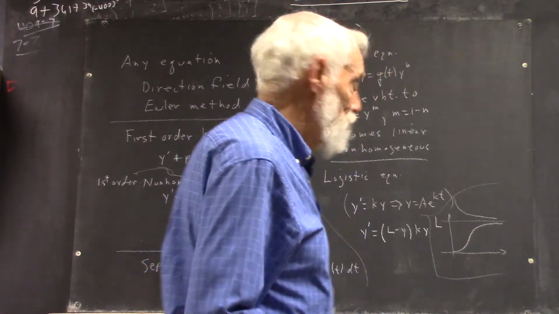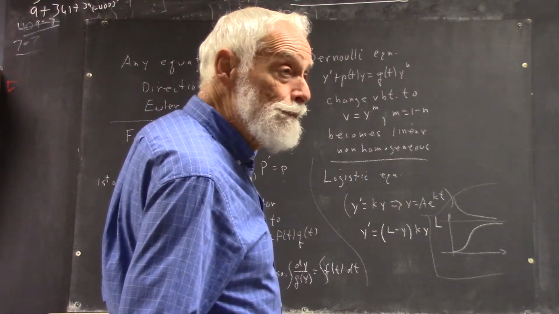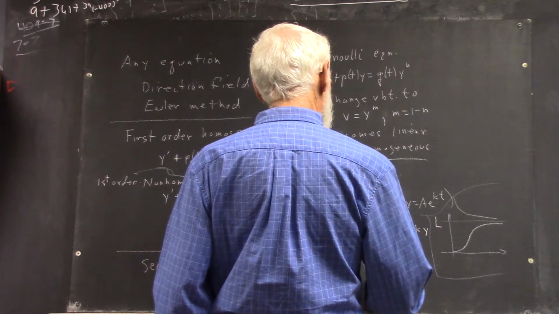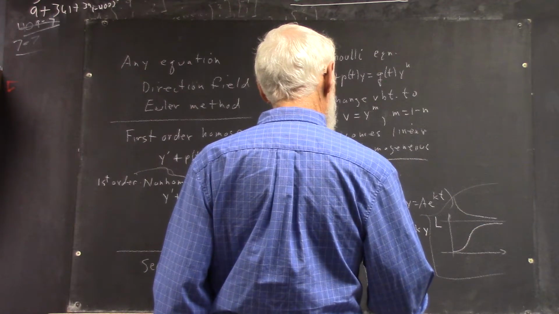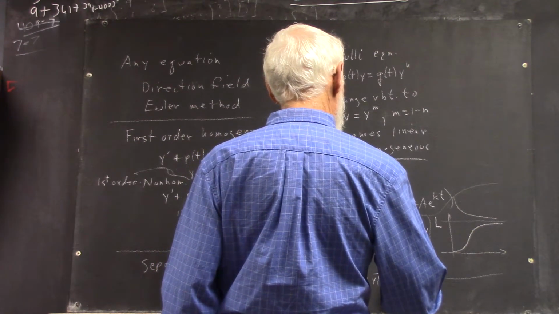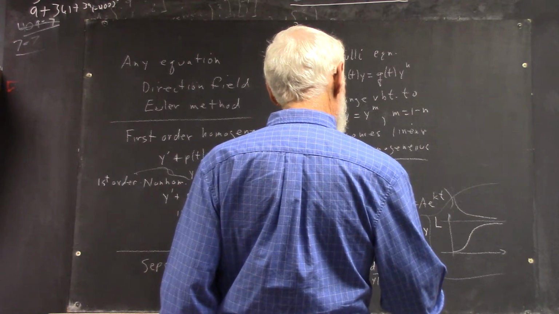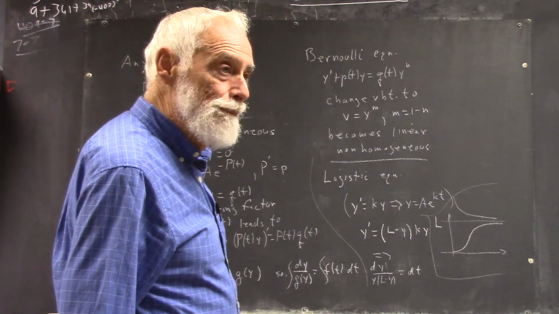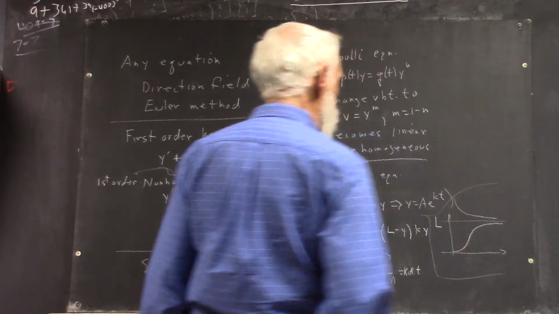Okay? And the solution to the equation is sort of straightforward. It's a separable equation. Okay, you get dy over (L minus y) y equals k dt.